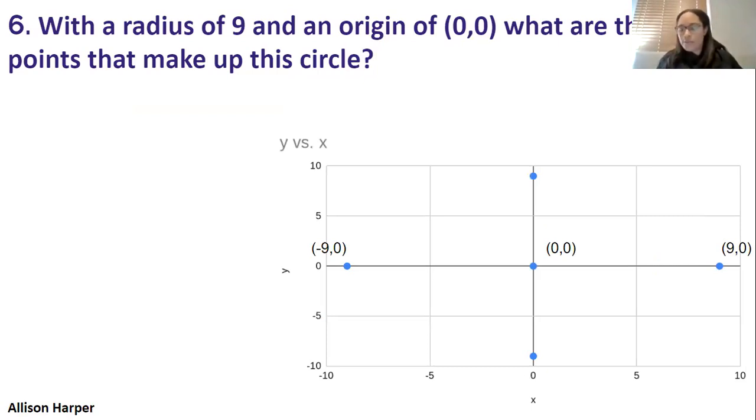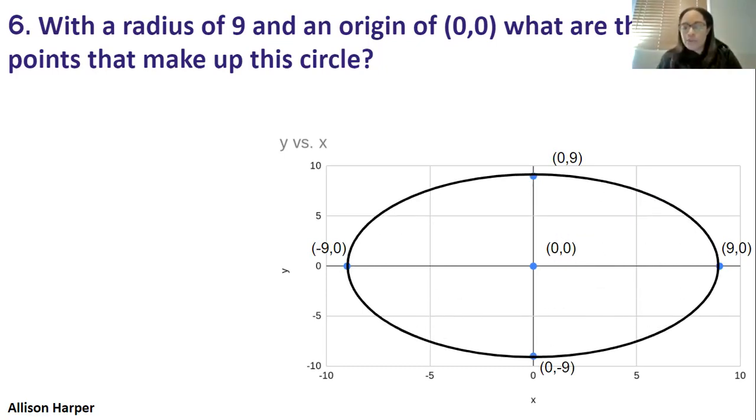So starting at the origin, we're going to go to the right 9 points, and our point will be 9, 0. We are going to go to the left 9 points, and our point will be negative 9, 0. Up 9 points, and our point will be 0, 9. And then down 9, and our point will be 0, negative 9. And then we're going to connect all those points, and there's our circle. Good job, Allison.